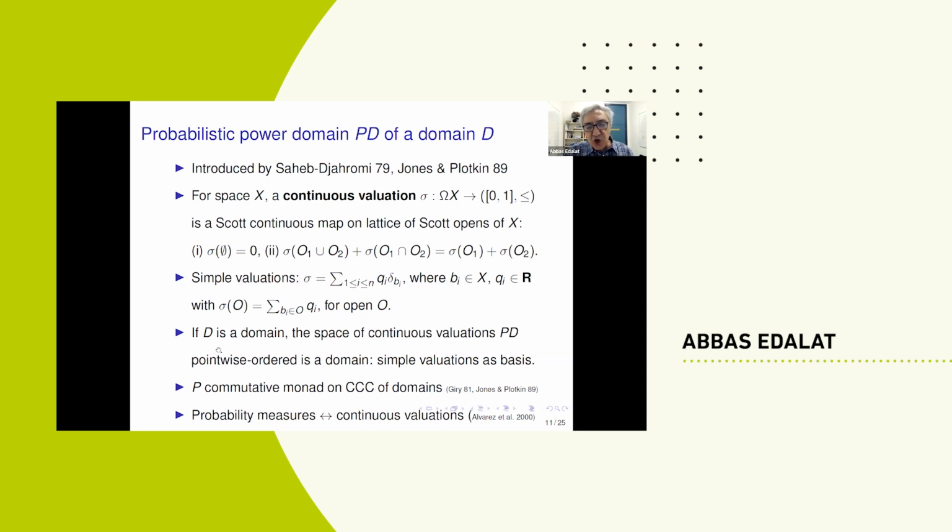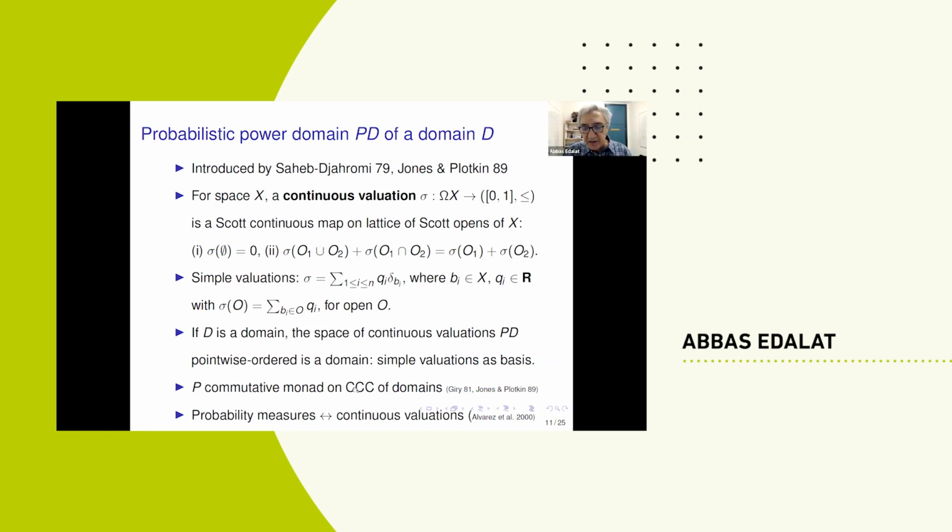So Claire Jones showed that if D is a domain, a continuous DCPO, then the space of continuous valuations, pointwise ordered, is a domain itself. And the simple valuations form a basis of this domain. This is a remarkable result.